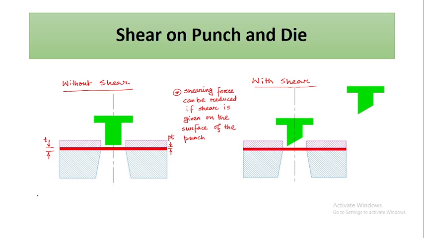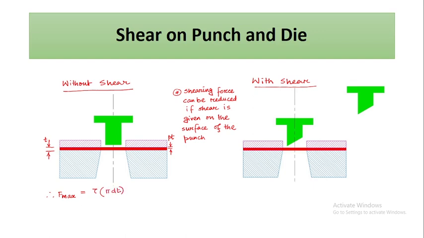In this case, the maximum force required for the punching operation we can write as tau into pi into d into t, where d is the diameter of the punch.